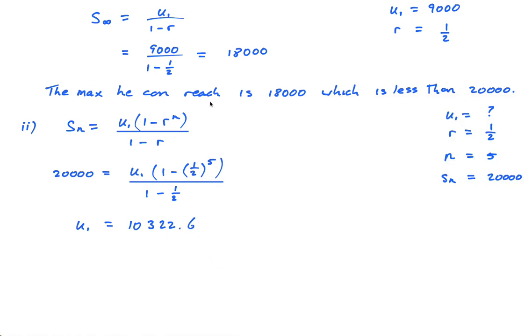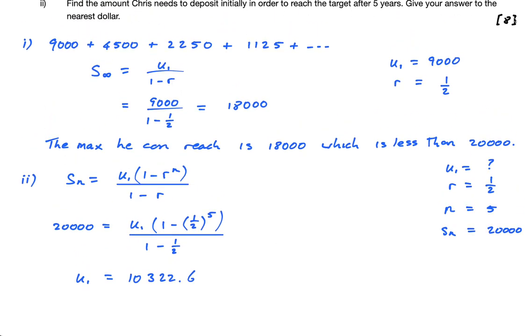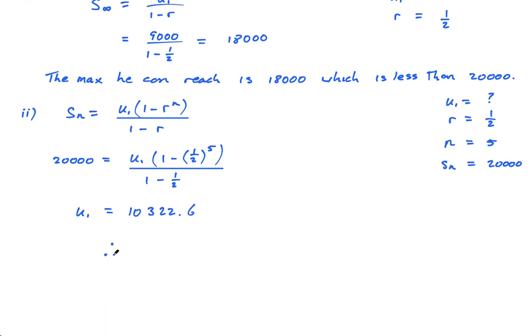But the question says, guys, nearest dollar. So I'm going to say, therefore, the minimum initial deposit is $10,323. Okay, that's question 7.